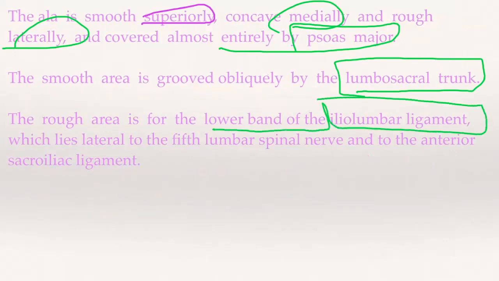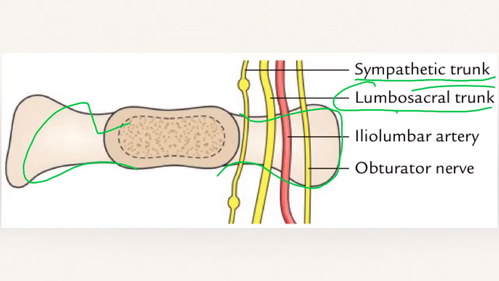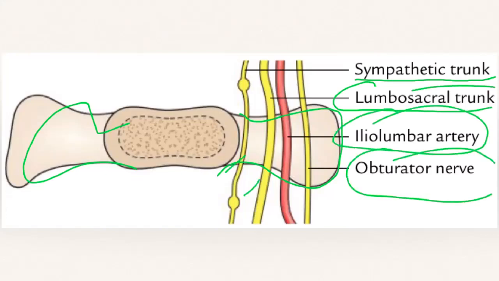So there will be psoas major, lumbosacral trunk, and attachment of the iliolumbar ligament, which lies lateral to the fifth lumbar spinal nerve and the anterior sacroiliac joint ligament. Okay, this is the ala. Here there is the sympathetic trunk, lumbosacral trunk, iliolumbar artery, and obturator nerve. Okay, these are the relationships of the ala.